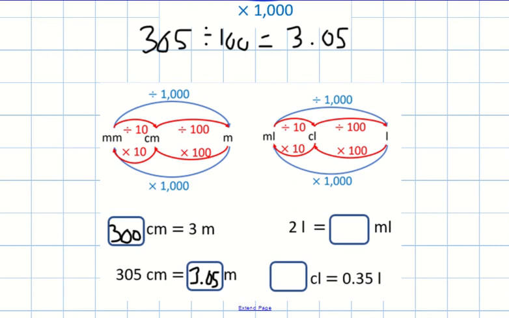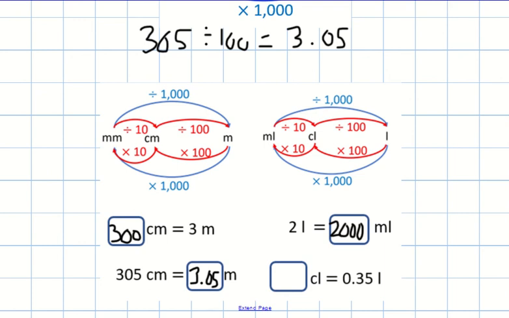And then 2 litres. Well, I know that 2 litres, to get to millilitres, what do I need to do? I need to times by 1,000. So 2 times 1,000 to get to millilitres is going to equal 2,000 millilitres. And then here, centilitres. So how many centilitres equals 0.35?